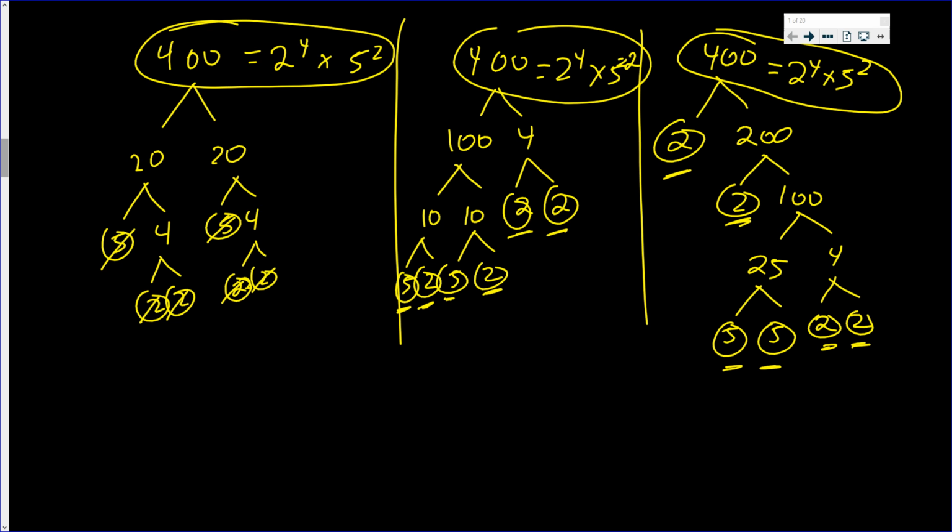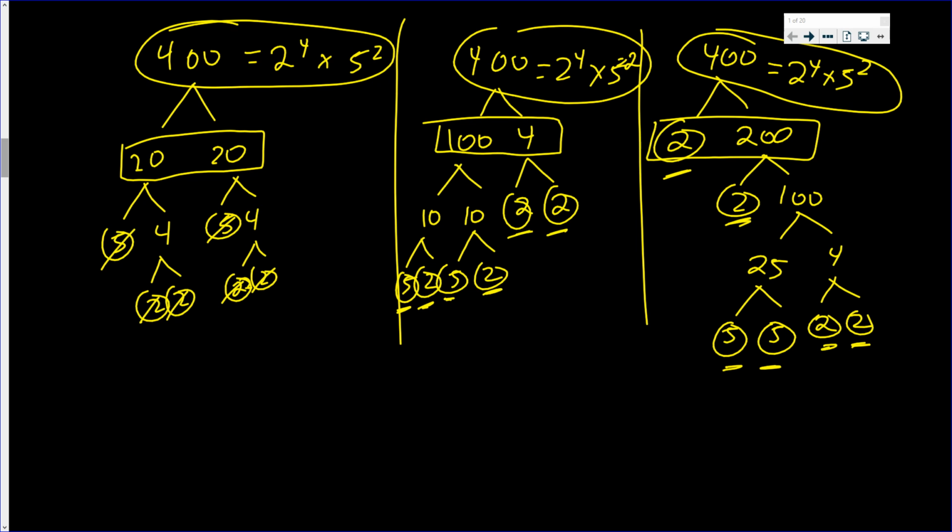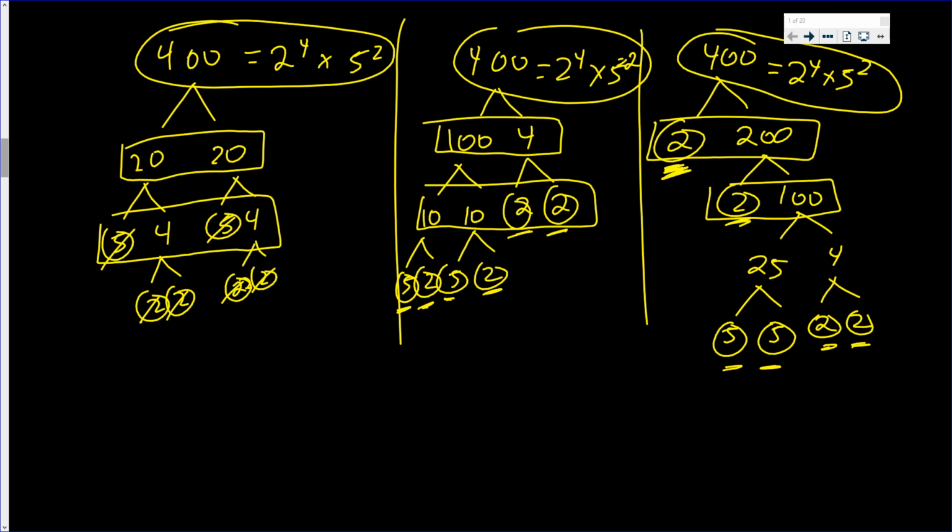The factor tree method is not unique. First row, 20, 20. Here, 100 and 4. Here, 100. Here, we had 4 numbers. 5, 4, 5, and 4. Here, we also had 4 numbers. Look at this. Here, we have only 2 numbers because one branch already died.